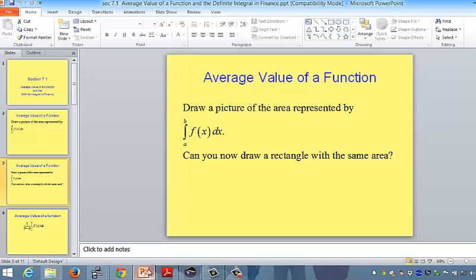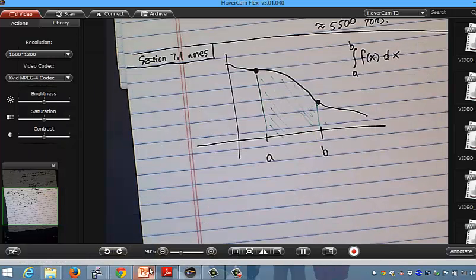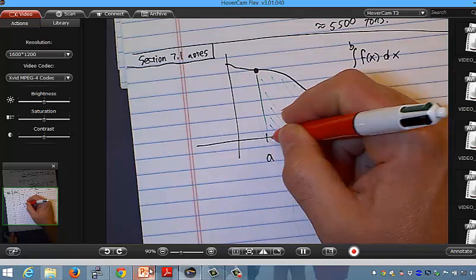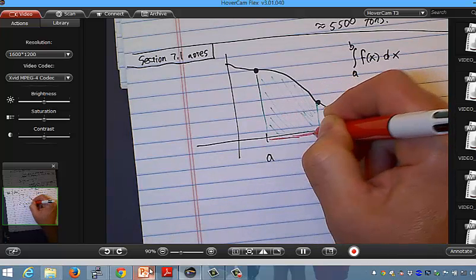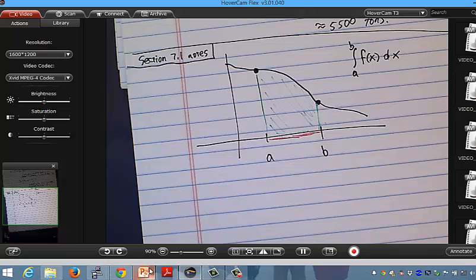And here's what I mean by that. How do you find the area of a rectangle? Length times width. Now, I'm going to do this. I'm going to tell you that I'm going to draw a rectangle, and I'm going to let this be the length. My width is going to be the height. I'm just going to draw one rectangle.